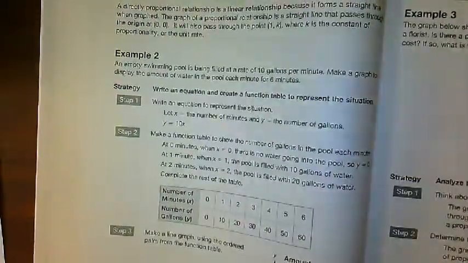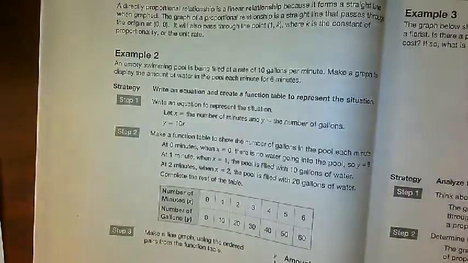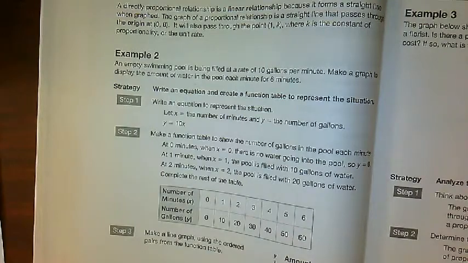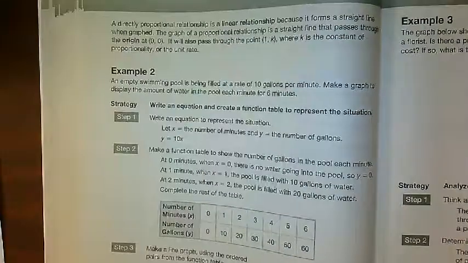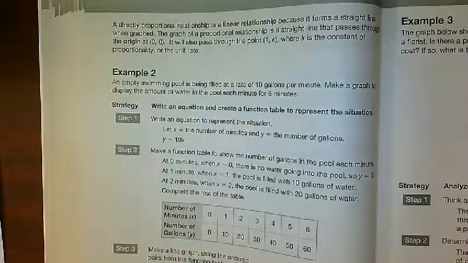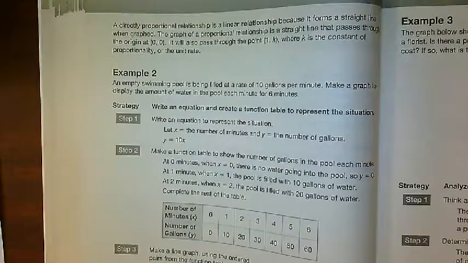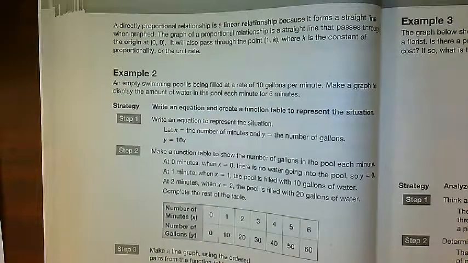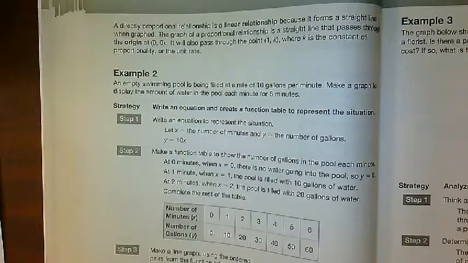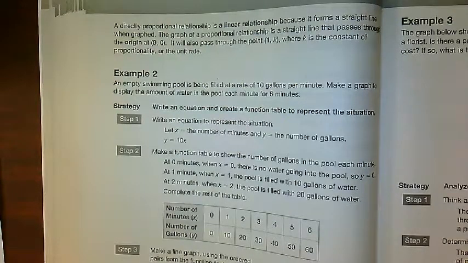The next thing we're going to talk about is a linear relationship. A linear relationship is exactly what it sounds like. Linear means line, so every single equation that we figure out is always going to come out as a line.